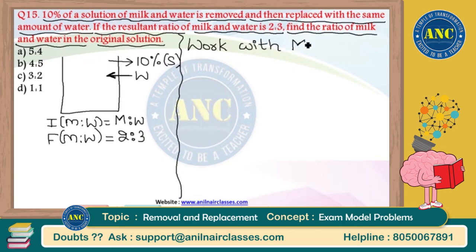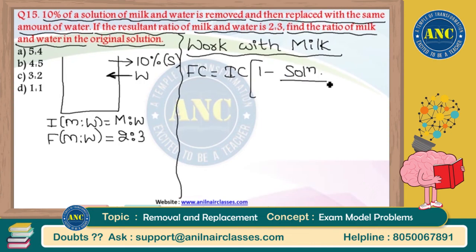Now, can I say that final concentration is equal to initial concentration into (1 minus quantity taken out or solution taken out divided by total solution) whole to the power of n. I am working with milk parameter.